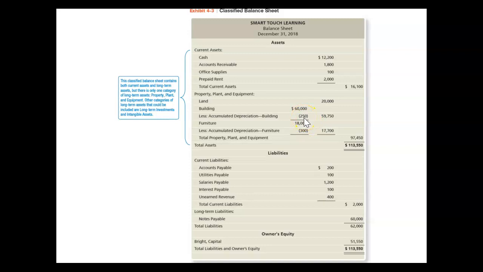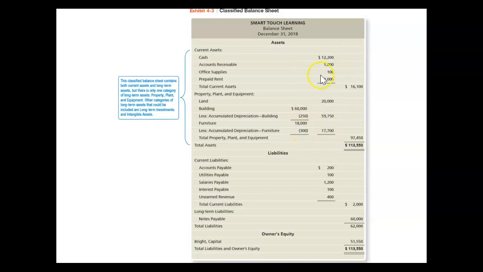We have done depreciation before. We know that's the decrease in value of an asset. So notice it says building, our buildings have depreciated 250, so we use less accumulated depreciation. The 250, because we're subtracting, goes in parentheses, and then the total here.